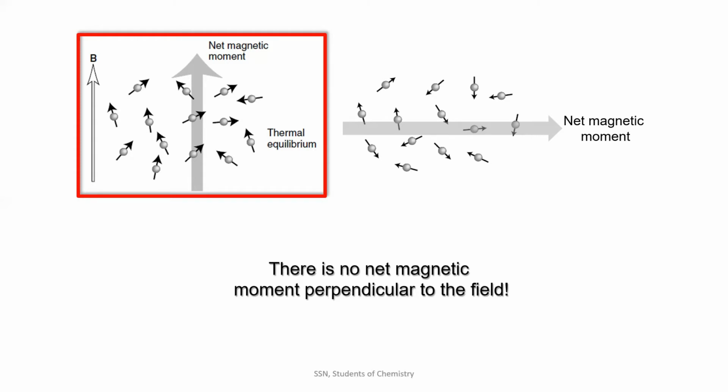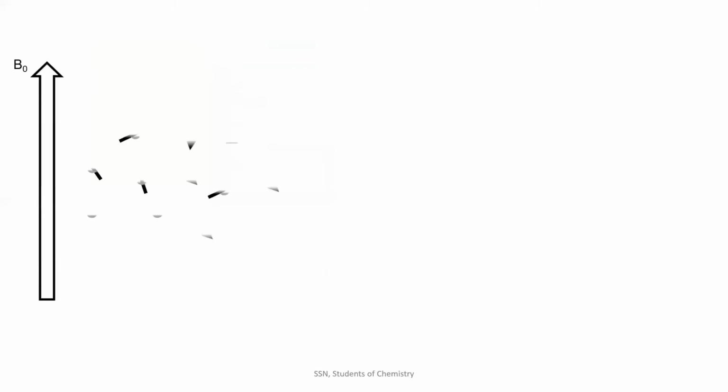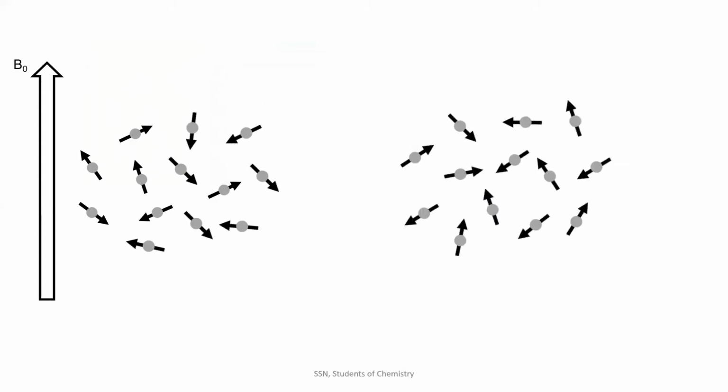There is no such net magnetic moment perpendicular to the field. So, how do we obtain net magnetic moment perpendicular to the field? What can we do? We have to literally turn them by ourselves. No, I am not kidding. We could do this by applying something called a radio frequency pulse or RF pulse. In this situation, more precisely, a 90-degree RF pulse.